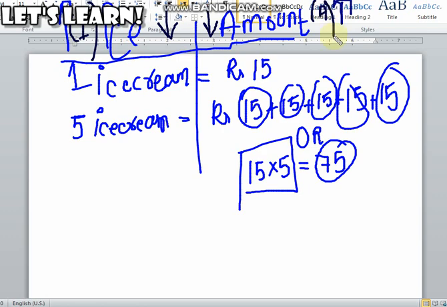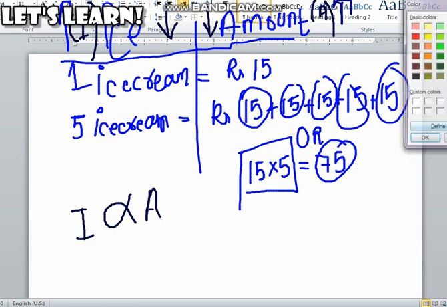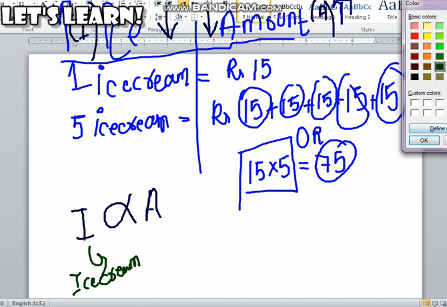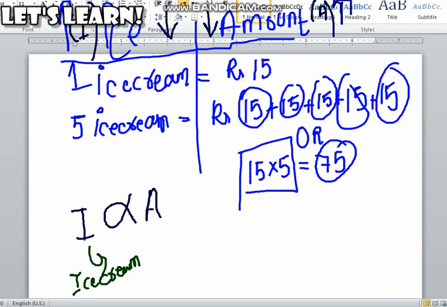So what I can write is that I is directly proportional to A, where I is ice cream and A is the amount. I hope it's clear.